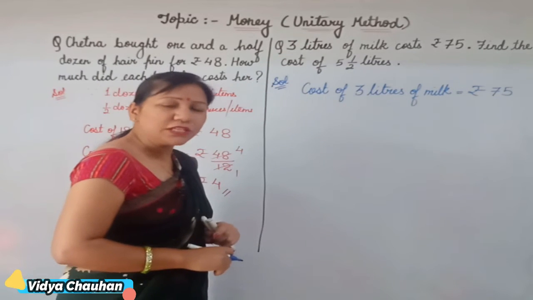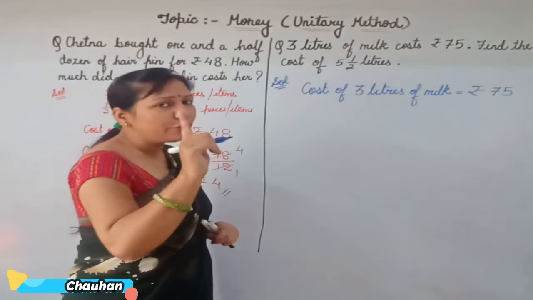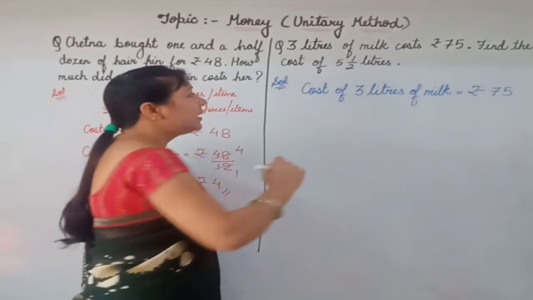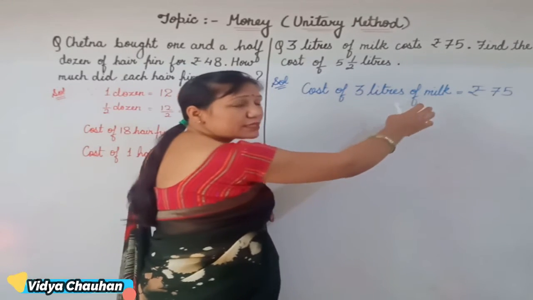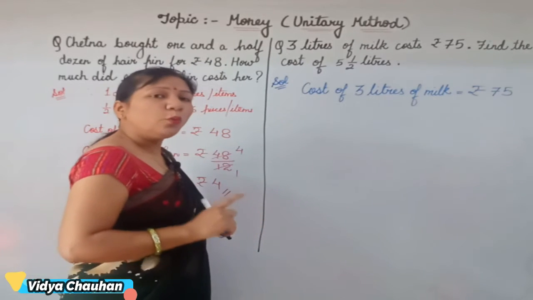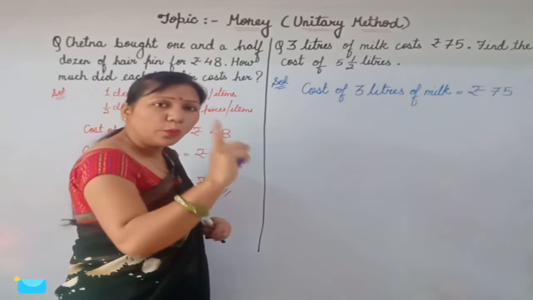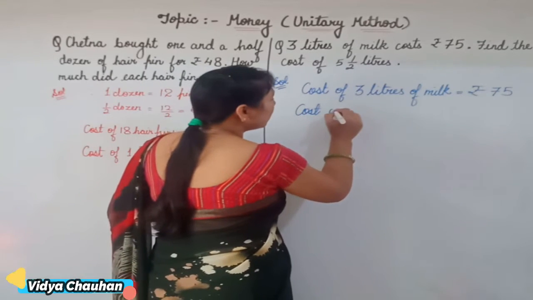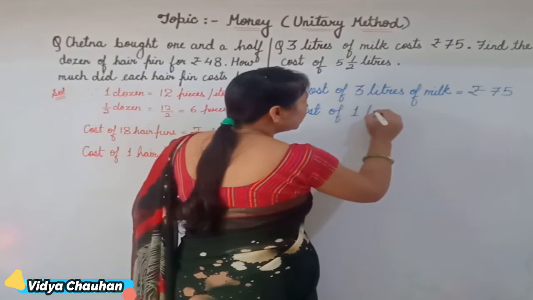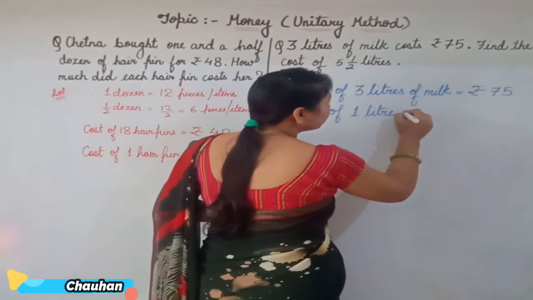That means first we will find the value of one item. Since the cost of 3 liters of milk is given, first we will find the cost of 1 liter of milk. So the second statement will be cost of 1 liter of milk.